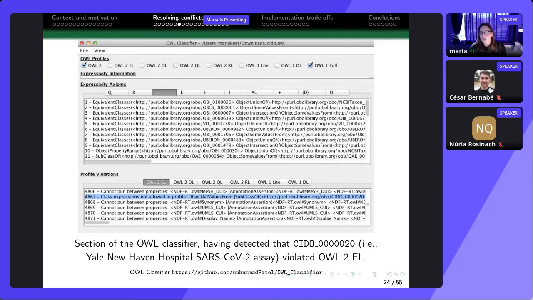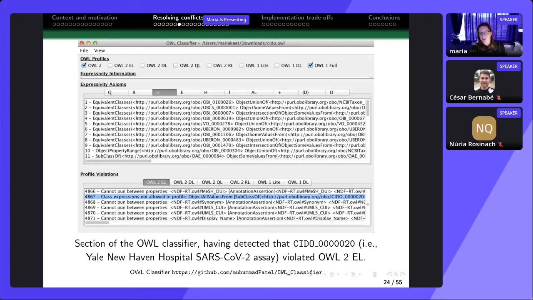When you load the ontology, in this case CIDO, instead of looking for the needle in the haystack, what it does is burn the haystack so that the needles reveal themselves. You see that at the bottom, profile violations. We just click the OWL 2 EL tab and it shows us which axioms violate a specific profile, and you can click on each one to see which one it is.